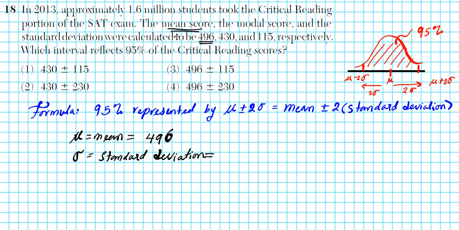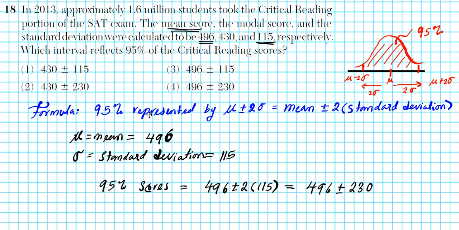It's the last numerical value, which is 115. Okay, so 95% of the scores is going to be given by the mean 496 plus or minus twice the standard deviation of 115. When you double 115, you have 496 plus or minus 230. Answer for number 18 is option number 4.